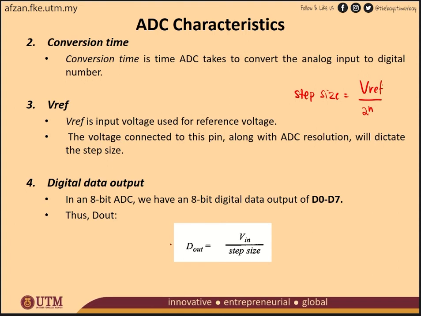Thus, D out equals V in divided by your step size. For example, the V in coming to your sensor is 2.5 volt, so you are going to find what is the digital output here.